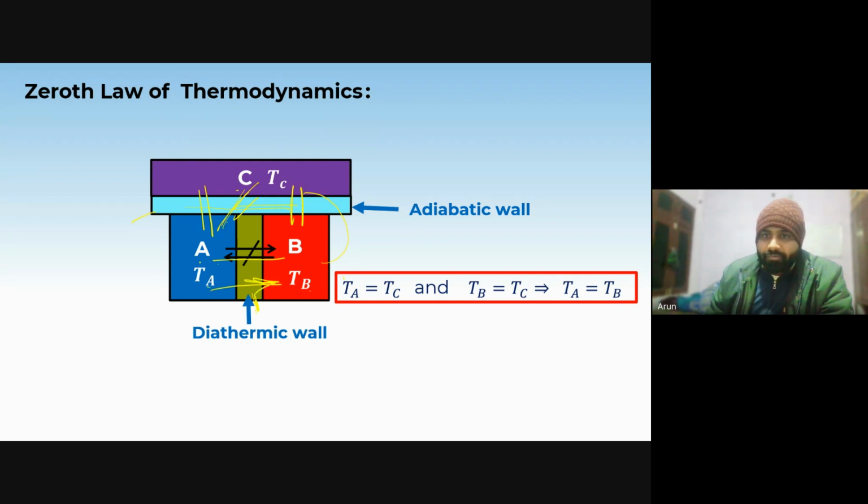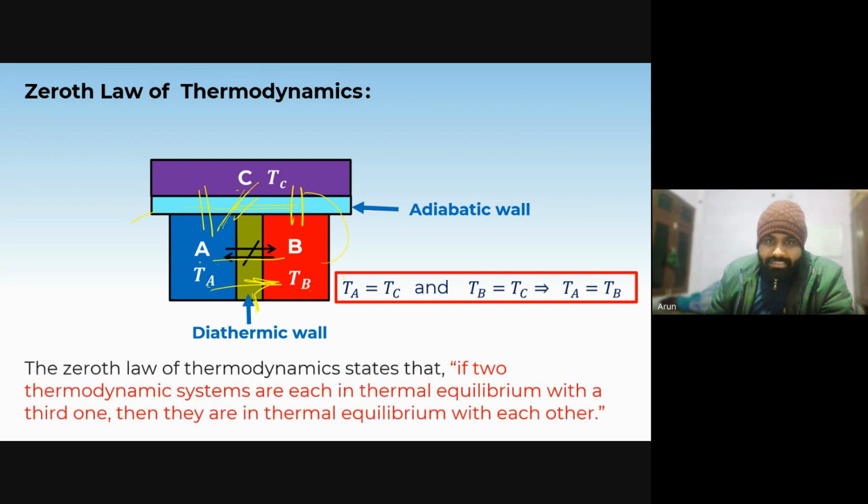So the temperature of A will be equal to the temperature of B. We can say finally that the temperature of A equals the temperature of B equals the temperature of C.